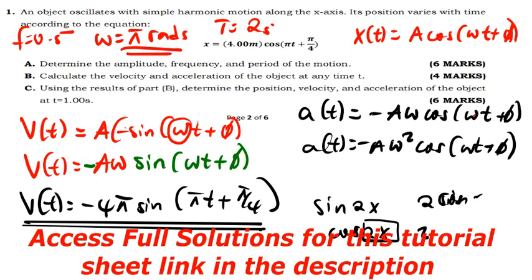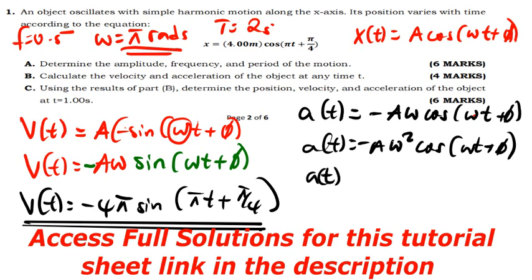The w is supposed to be multiplied outside, because you are differentiating wt. So as a function of time, this is negative 4 pi squared cos(pi t plus pi over 4). That's the answer for the acceleration.